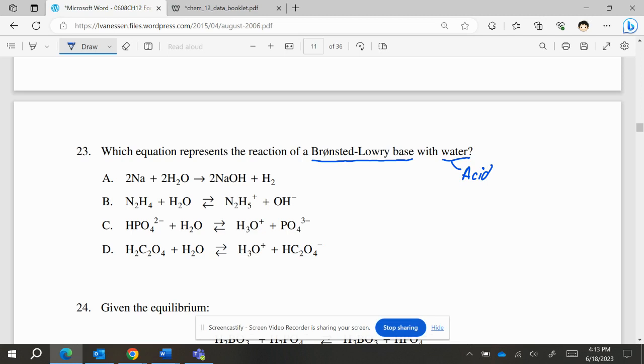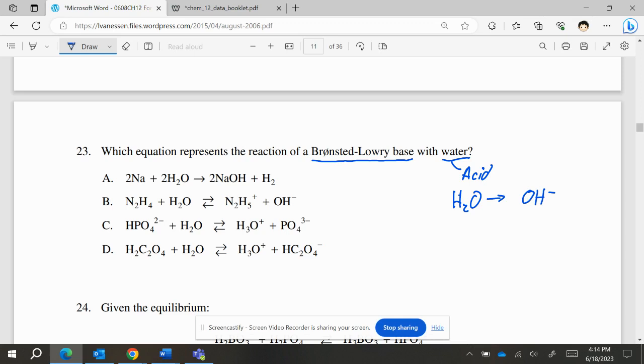Okay, so that means water, just like the previous question we just did, is donating or giving up one of its hydrogens. So if water loses one of its hydrogens, it's going to turn to OH minus.